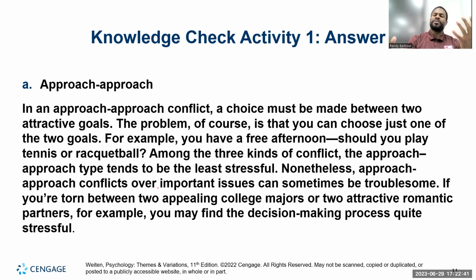If it's not that difficult to make the choice, like racquetball and tennis, it may not be all that stressful. But there are some more stressful conflicts where you have to weigh the pros and cons. For this one, you're making a choice between two attractive goals: studying for an exam and maybe making a good grade, or spending a weekend with friends. Both are attractive, but you can only make one choice.